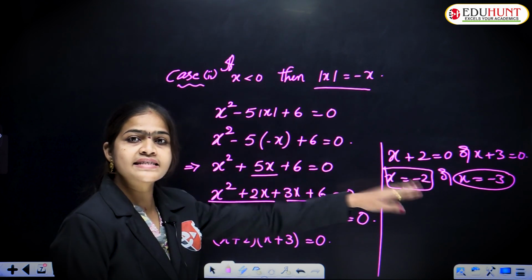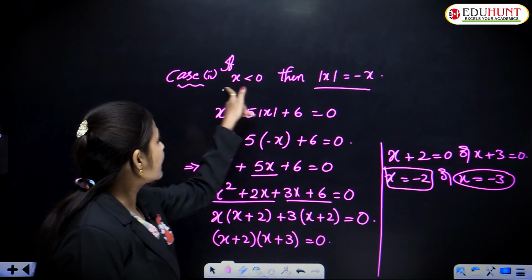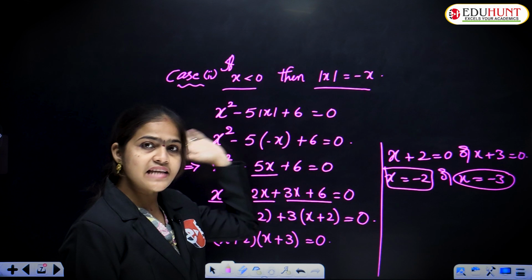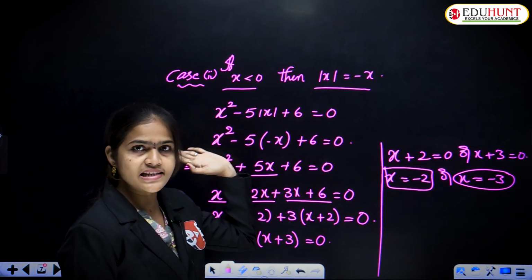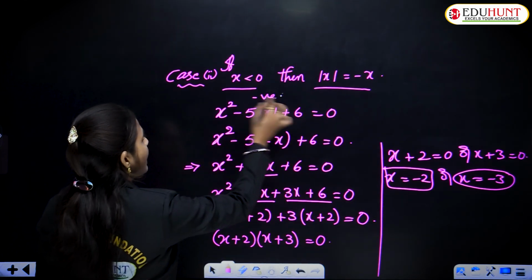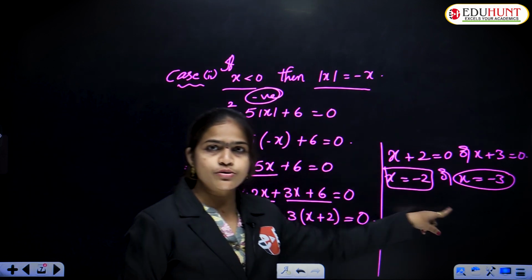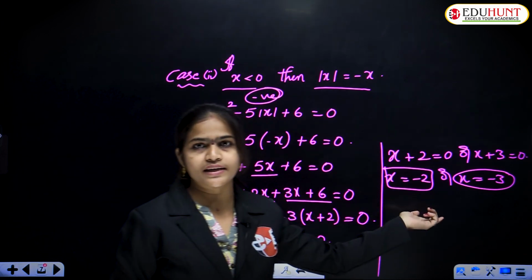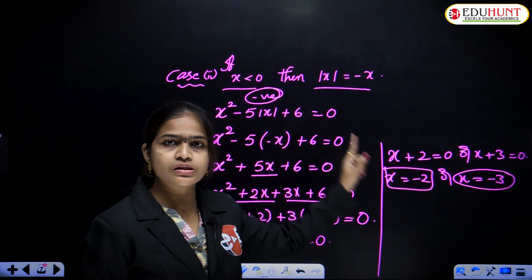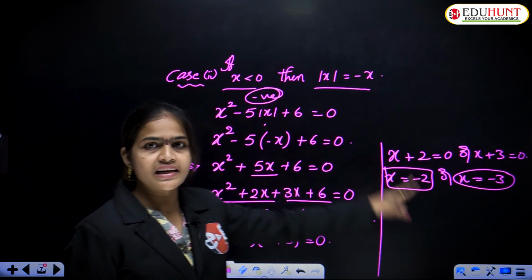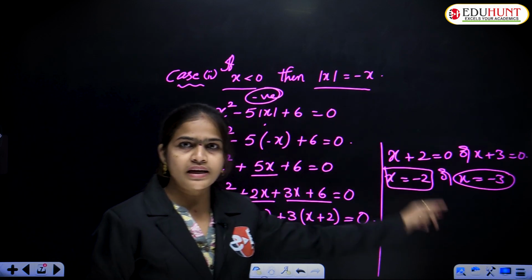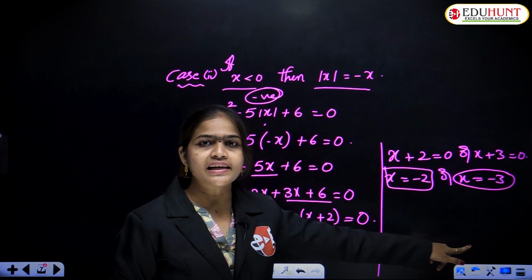Understand? So here, is it satisfying or not? Actually we took the condition x less than 0, which means x value is negative. So are the roots negative or positive here? Roots are also negative. So this condition is proved. X is negative and here we are getting negative roots.